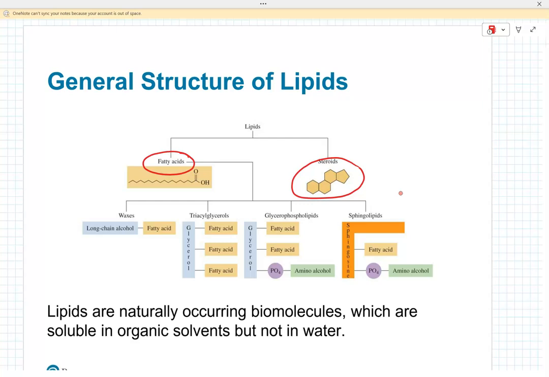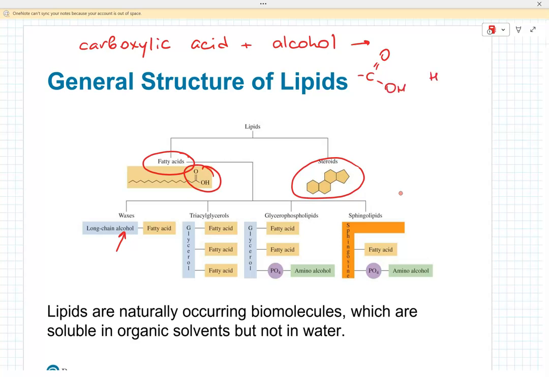If you combine a carboxylic acid, which is a fatty acid, see carboxyl group, and alcohol, remember how this group works with this group, producing this group?